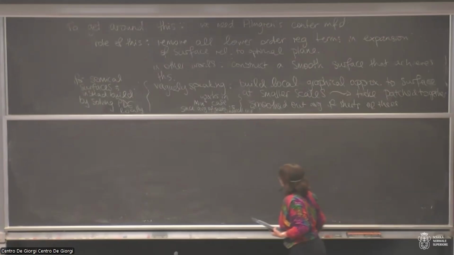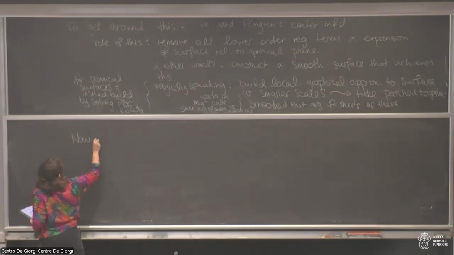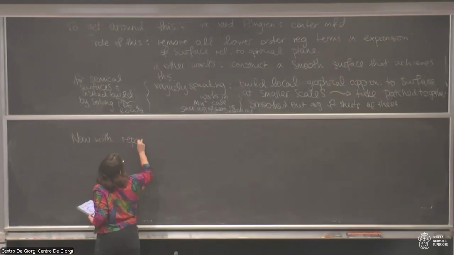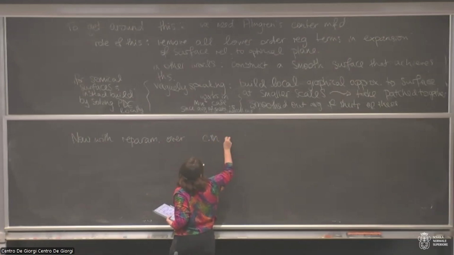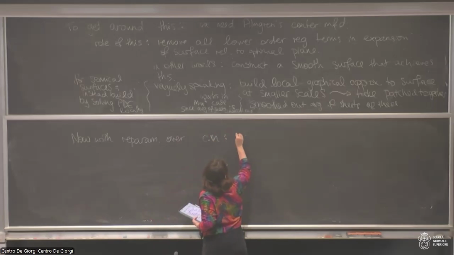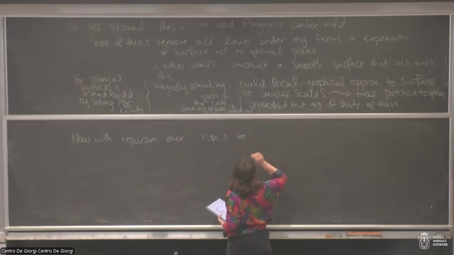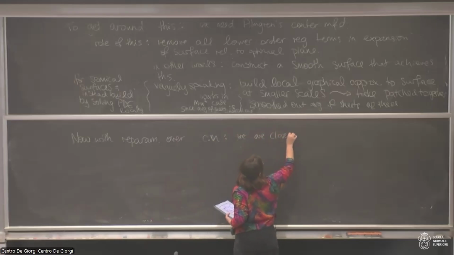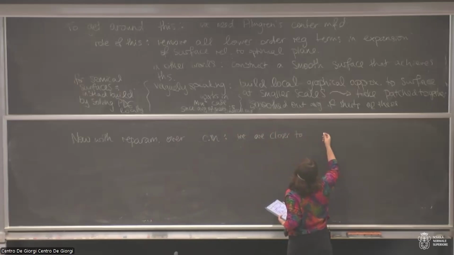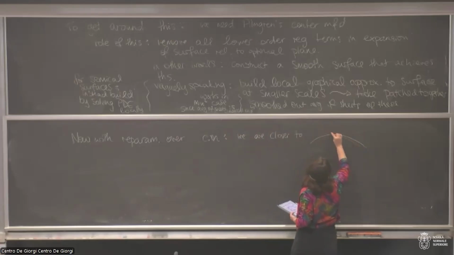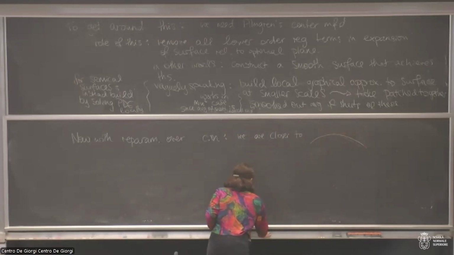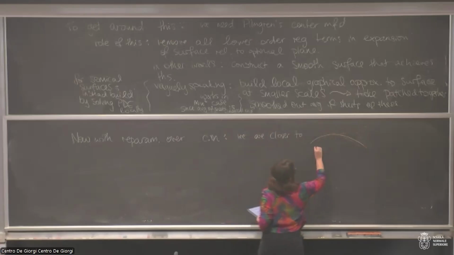So with reparameterizing over this center manifold, we are closer to really having a picture where the center manifold is some kind of average in some sense, as you really want it to be.